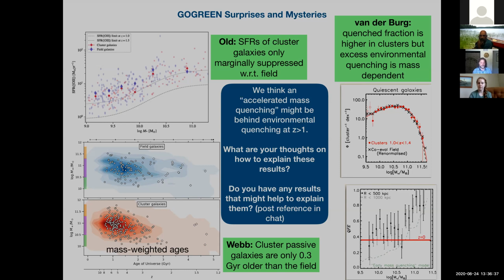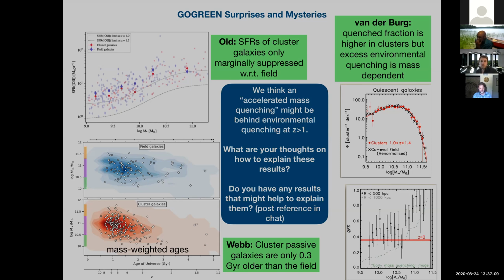Maybe first I'd like to clarify a little thing that I stepped over quickly during my talk. Greg mentioned accelerated mass quenching, but I think there are two options for this. One is an early formation of galaxies in future cluster environments. The other is a higher star formation rate of galaxies in protocluster environments, because the instantaneous star formation rate drives the quenching rate in this simple model.